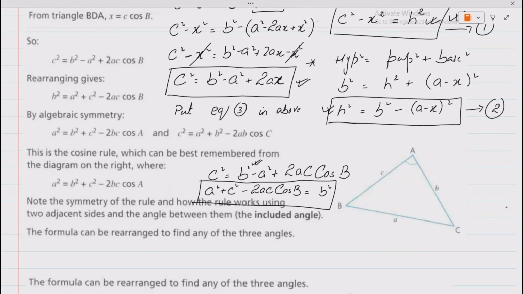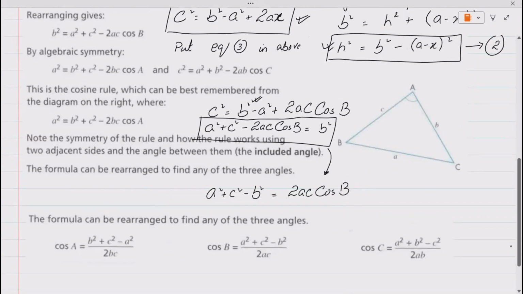We can also write the same formula in a way in which we can find cos b. So from here we can make the formula like this, right? Let's say we take this a square plus c square, and this b square we take here, minus b square is equal to 2ac cos b, and then remain cos b here as it is and take this 2ac below.